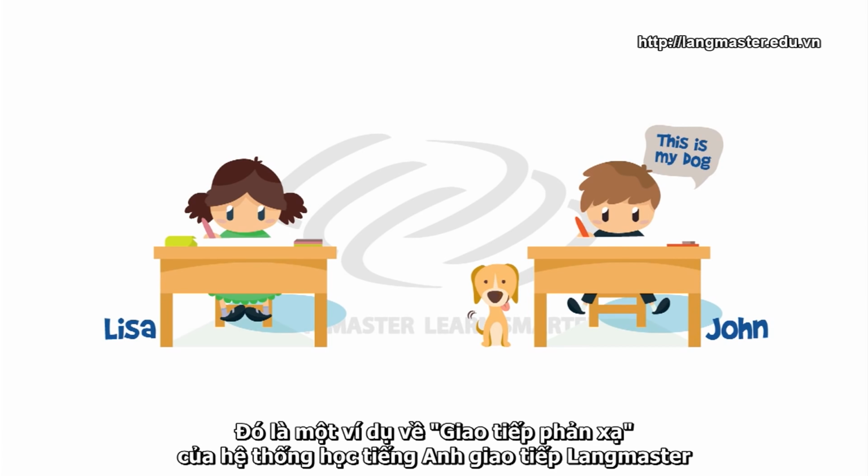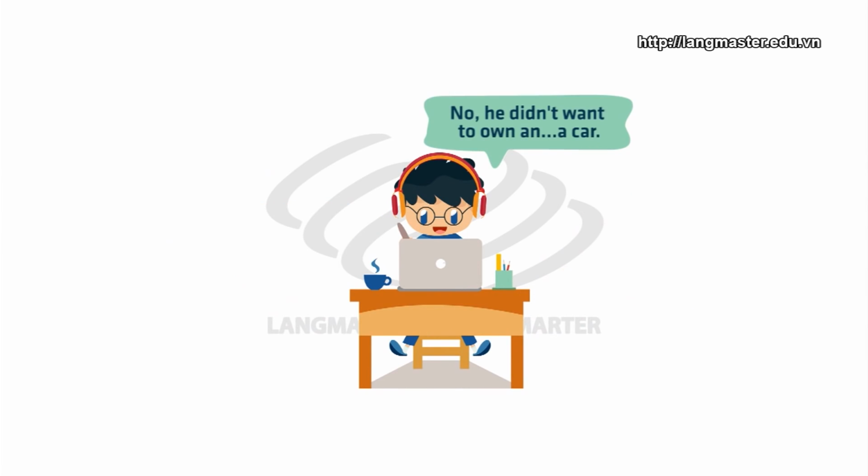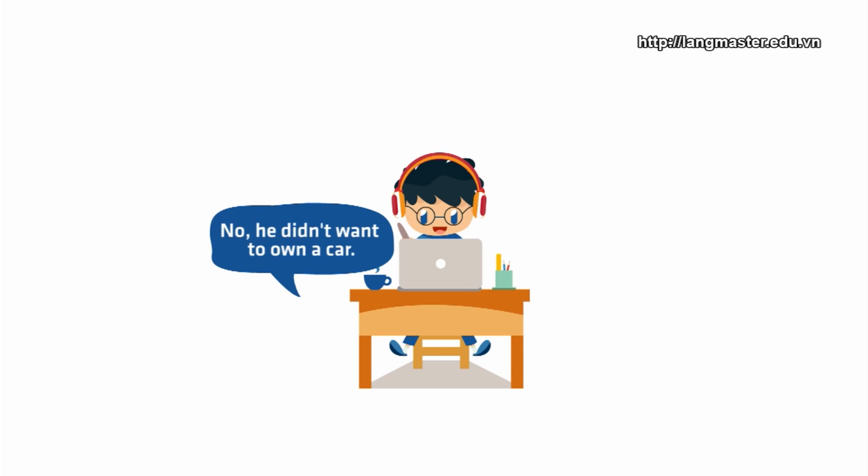Here's another one. There was a guy named John. He wanted to own a restaurant. Did John want to own a car? No, he didn't want to own a car. He didn't want to own a car.